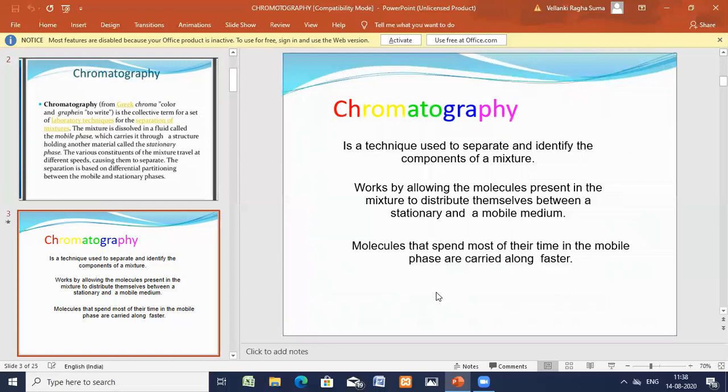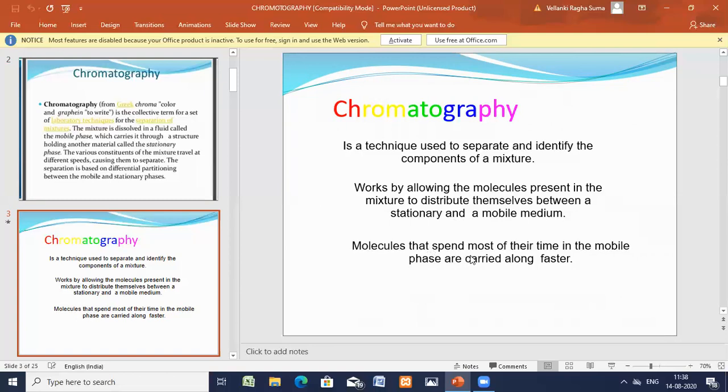In the chromatography technique, we generally separate and identify the components of a mixture. The work is carried out by allowing the molecules present in the mixture to distribute themselves between a stationary and a mobile medium.